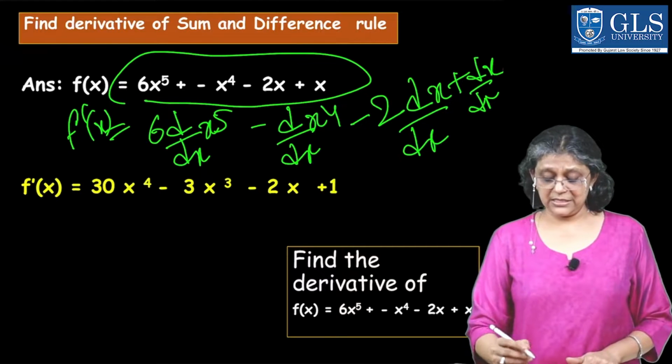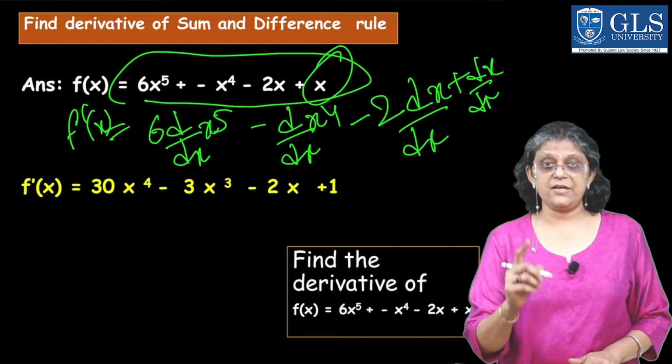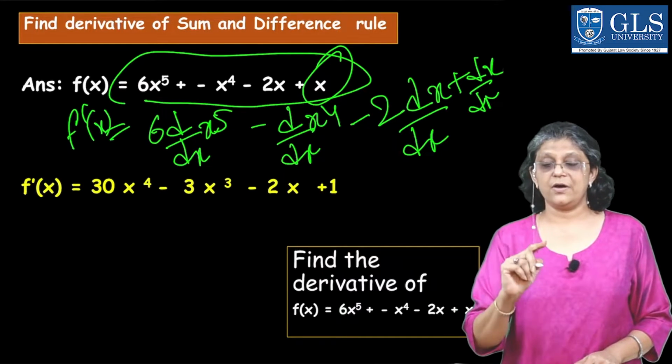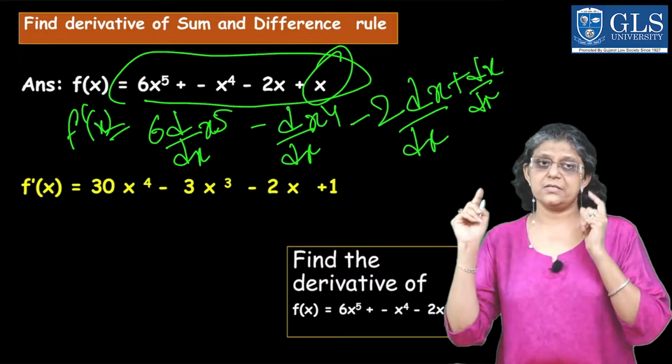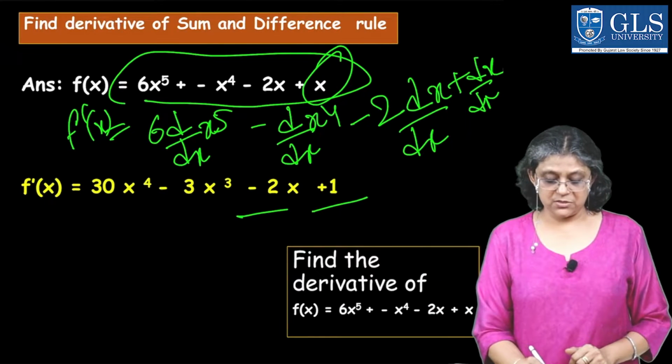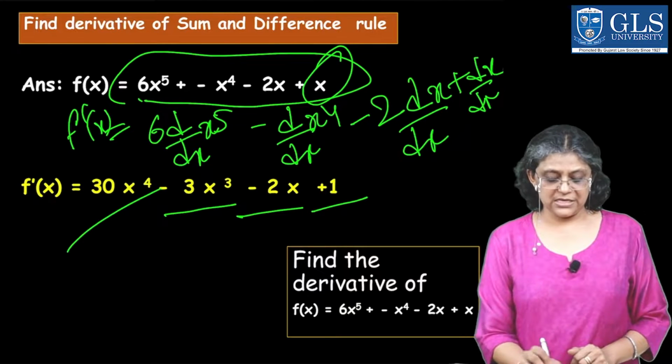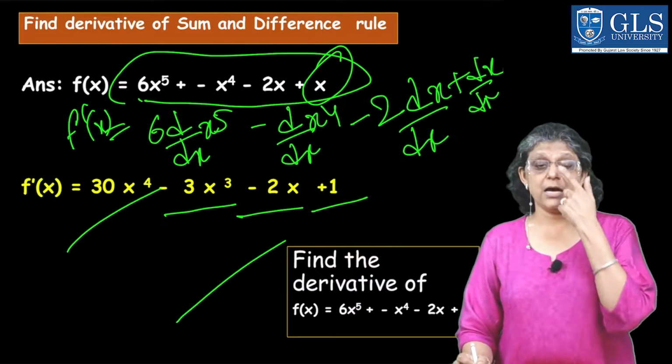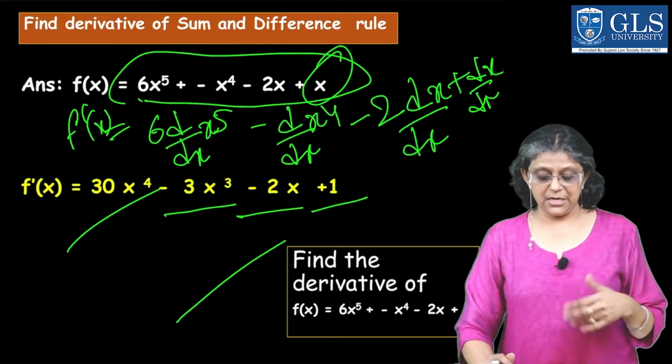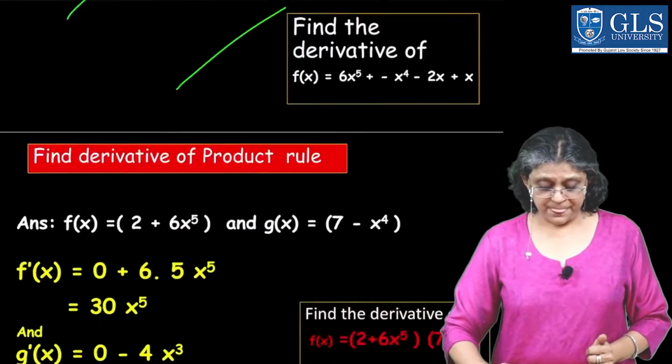Now I know one thing: whenever we differentiate x, we always get 1, because 1 into x raised to 1 minus 1 is x⁰. So this is 1, this will be 2x, this will be 3 into x⁴, and 6 5s are 30. I hope, student, you are doing the sums with me simultaneously? Now you have your ready reckoner.